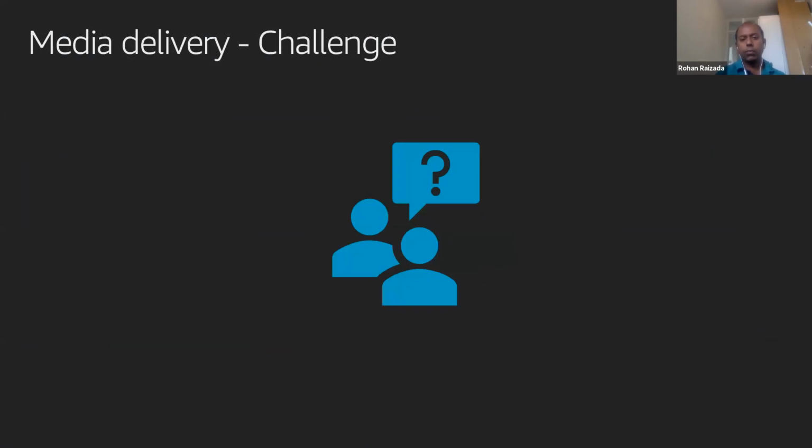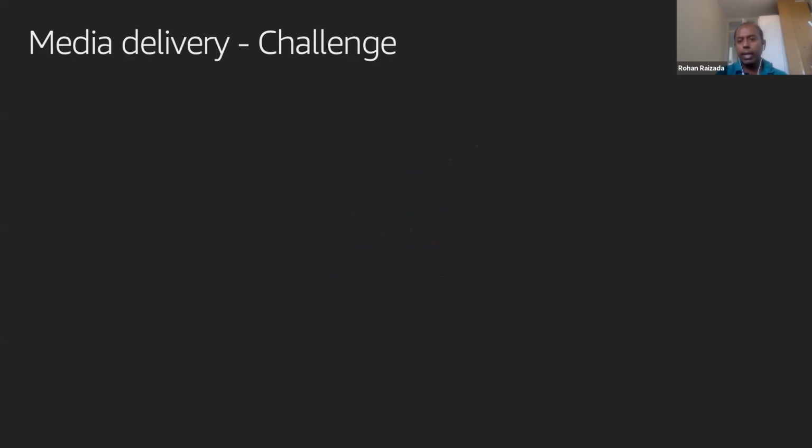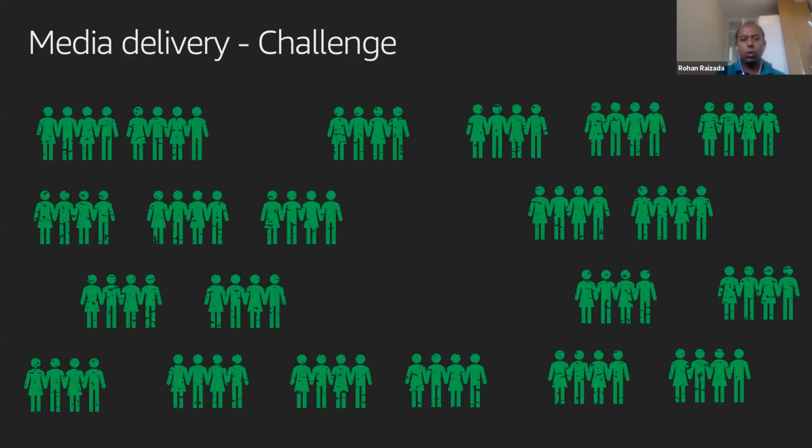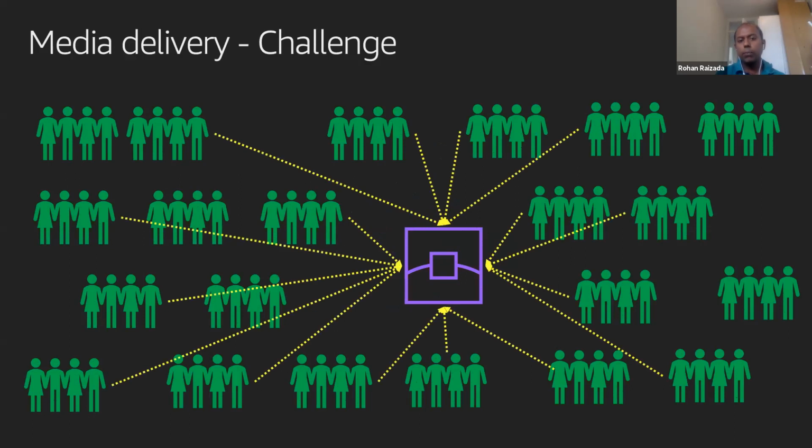For example, whenever a popular event is about to start, everybody starts watching the event at the same time. And this ends up sending a lot of requests to the same part in that particular region. This causes a unique problem in the CDN world, something called the flash crowd or the thundering herd problem.